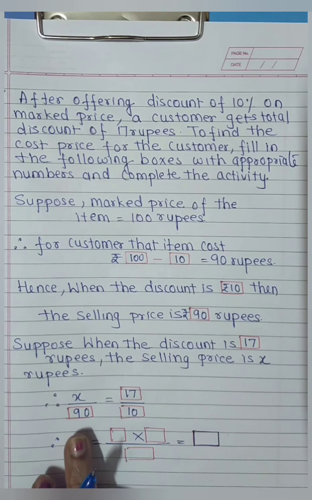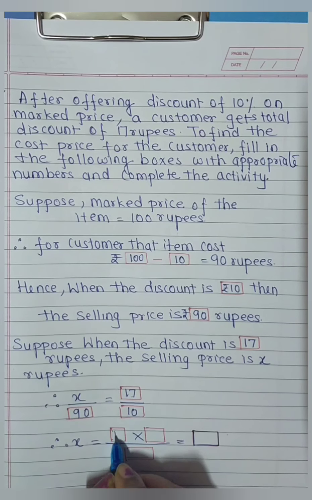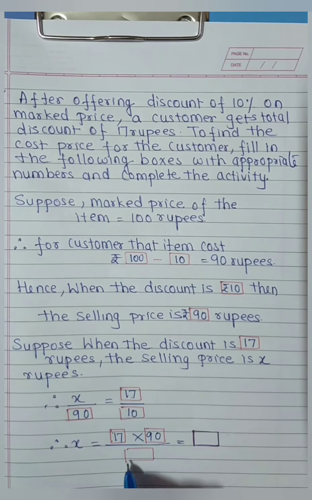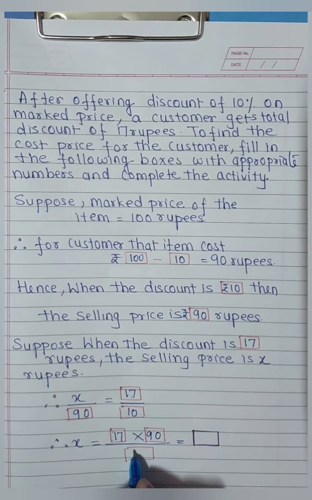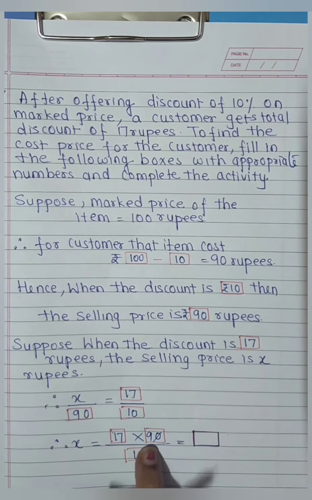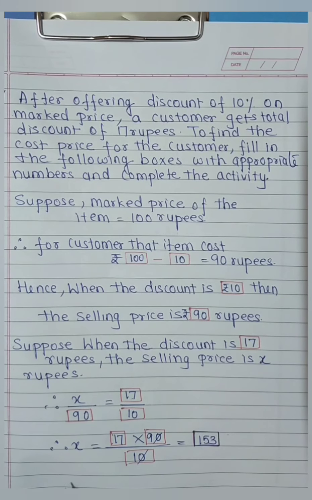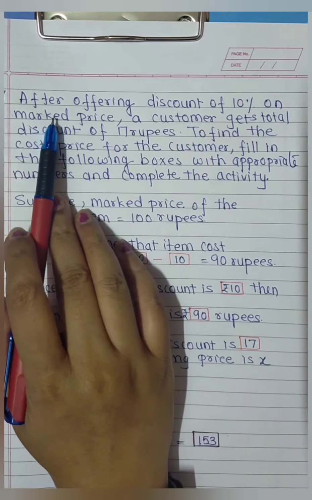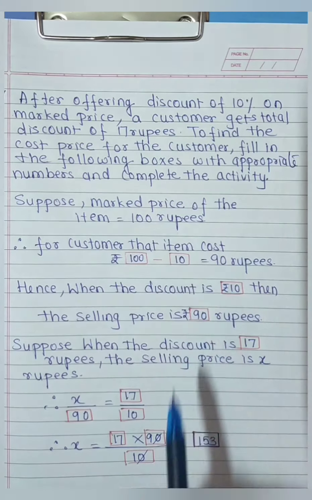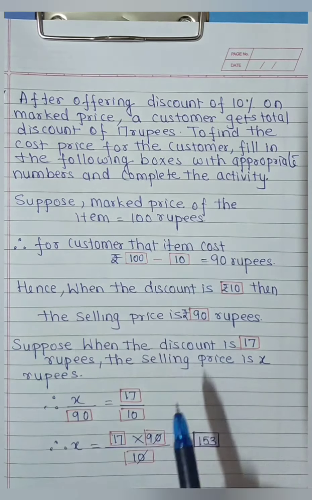Now here, as you can see, cross multiply means 17 multiplied by 90 upon 10. So after multiplying, we'll get 153. Okay, after offering a discount of 10%, the customer gets a total discount of 17 rupees.